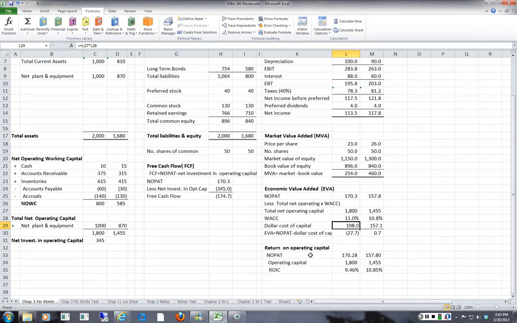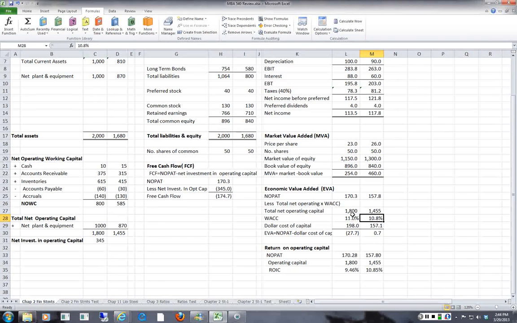So the return on operating capital is 9.46. It needs to be what? It needs to be 11%. And down here in the preceding year is 10.85%. And what does it need to be? 10.8%, so it's beat that situation.